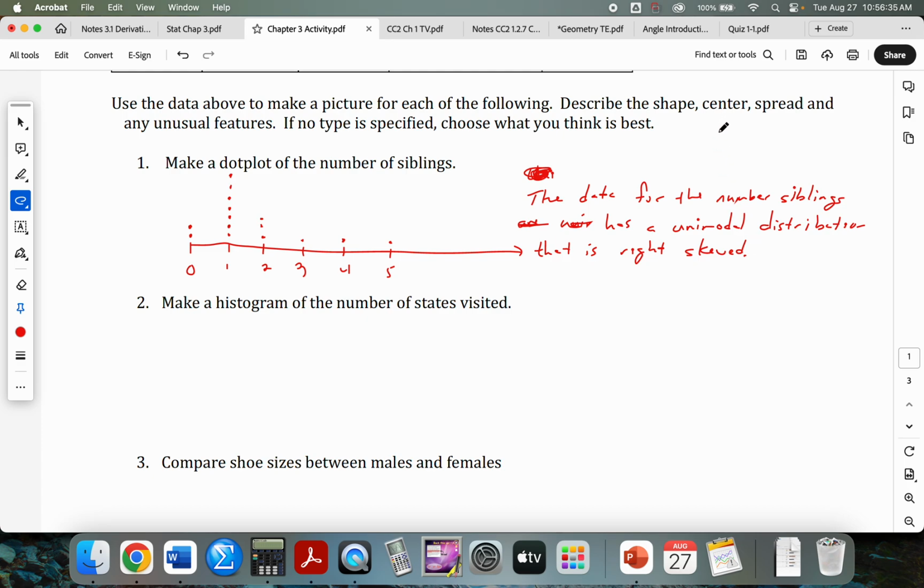So let's talk about the center. What could you find pretty easily? Mode is not one of the ones that we ever use, actually. We could find the median pretty easily because how many are there total? How many what?